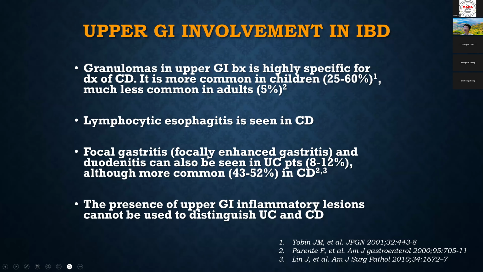Focal enhanced gastritis, as I mentioned, in a pediatric patient is very likely to be Crohn's disease, but in an adult patient it might not be so specific, and you do see it in UC patients, particularly adults. The bottom line is upper GI involvement cannot be used to distinguish UC and Crohn's. This is what we learned from medical school, and it's not 100% true.